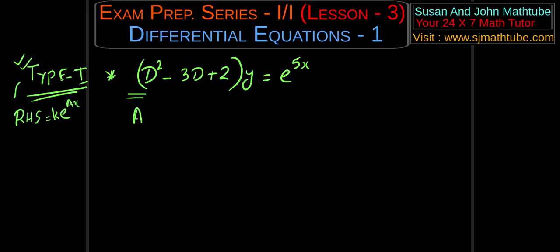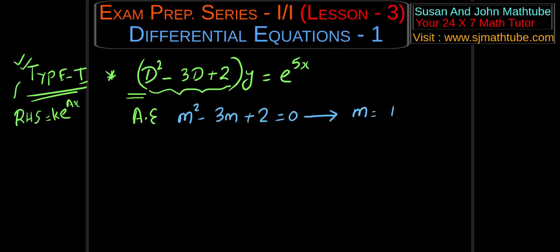Anyway, the technique goes like this. First you start with the auxiliary equation. You can ignore the right side. You have to focus only on this part and write the auxiliary equation as always. That is m square minus 3m plus 2 is equal to 0. Now use a calculator and find the values of m, that is 1 and 2. Now look at this.